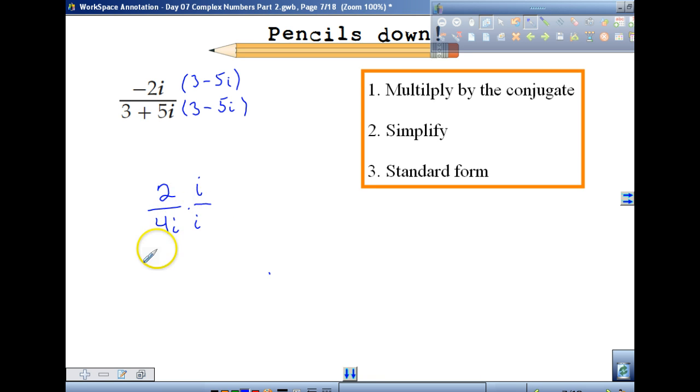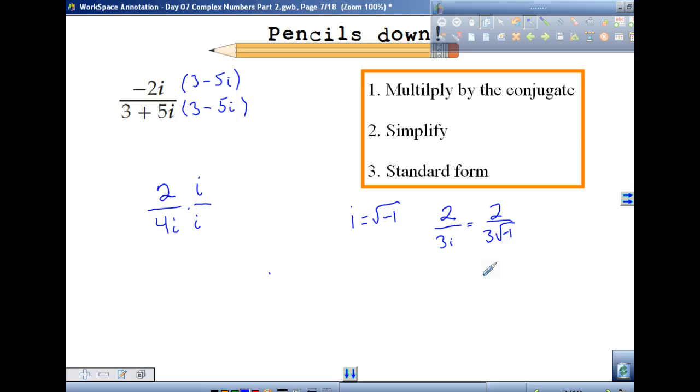So recall that since i equals the square root of negative 1, if we see something like 2 over 3i, that really means 2 over 3 times the square root of negative 1. And we have this old rule about not having radicals in the denominator.